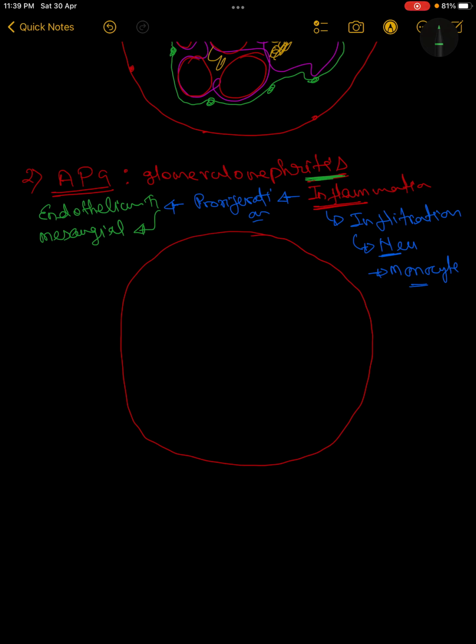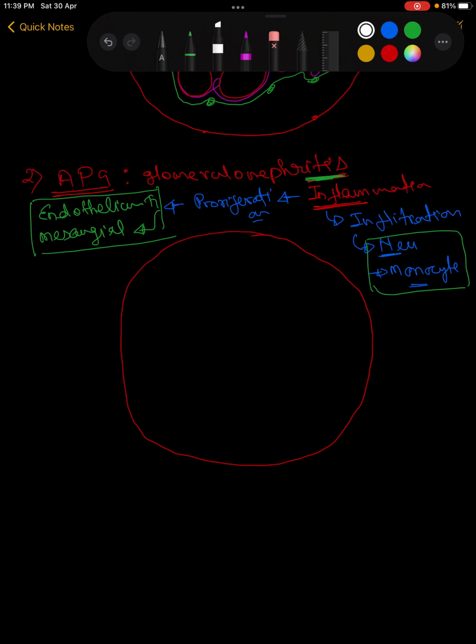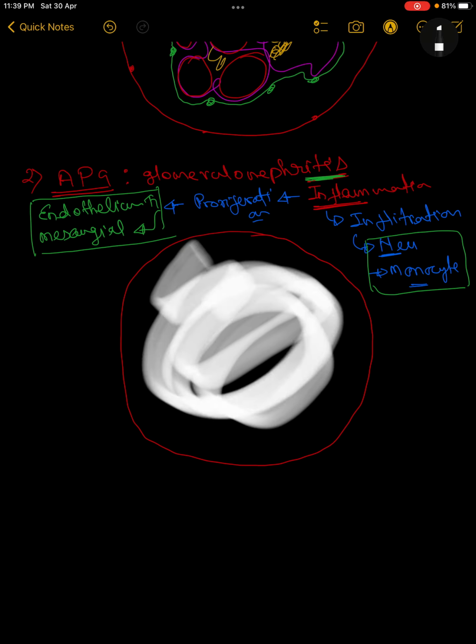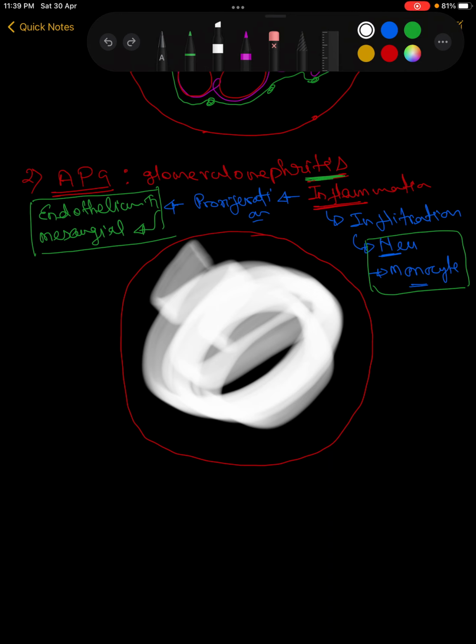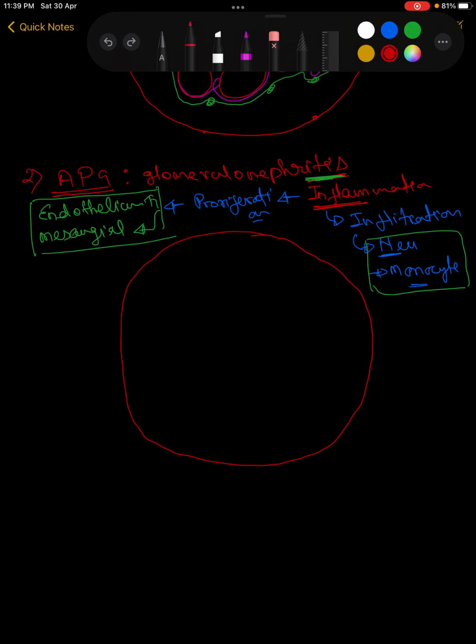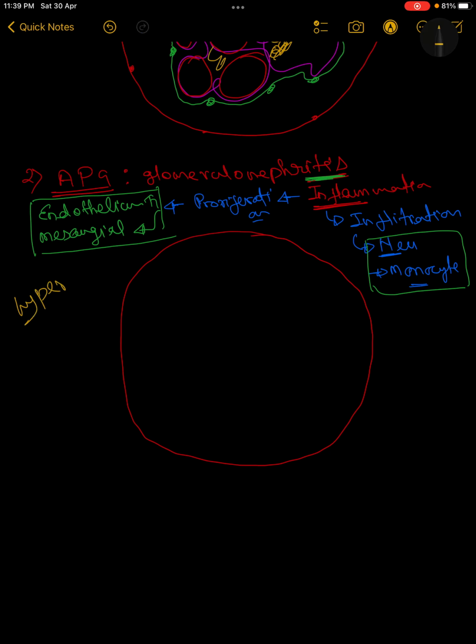Another important point is that when these cells proliferate and neutrophils and monocytes are added, this glomerulus will be hypercellular. This term is very important: hypercellular.